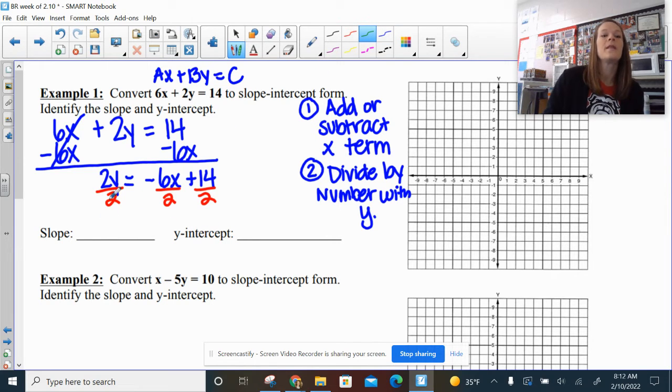In doing that, these 2's cancel. I'm going to write my answer over here. Negative 6 divided by 2 is negative 3x, and 14 divided by 2 is 7. So this is my slope-intercept form.